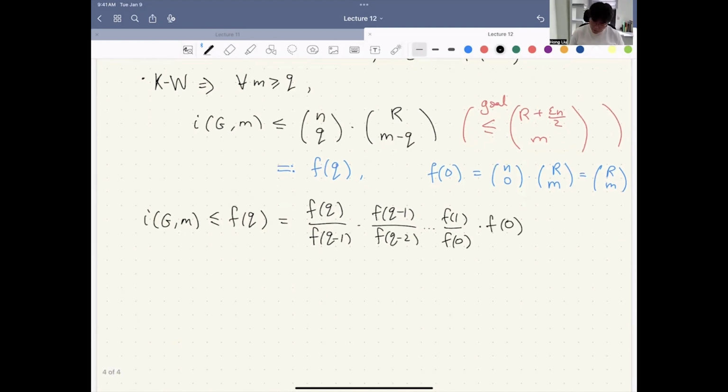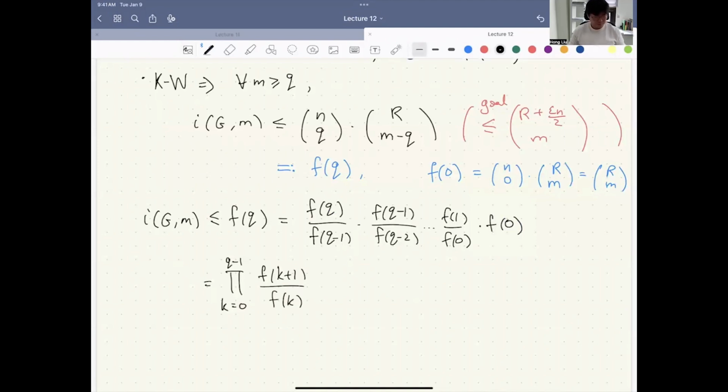So this is the product for k from 0 to Q minus 1 of f(k plus 1) over f(k), times f(0). Don't forget the last term.